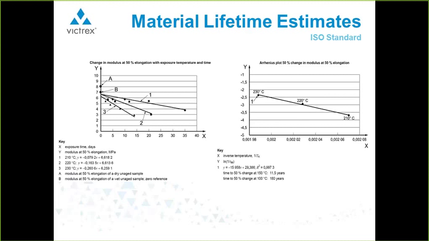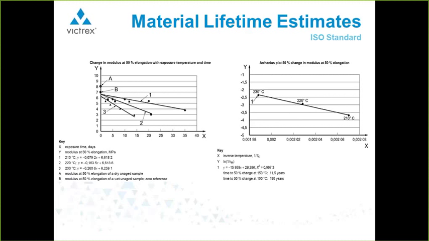So you can see there at 3 temperatures, 1, 2, and 3, the properties decreasing as a function of time of aging. And assuming that there is a single degradation process and that Arrhenius applies, we're able to fit a linear regression straight line to these data. And we end up with an equation, which you see below the chart, describing the degradation of that material at that particular temperature.